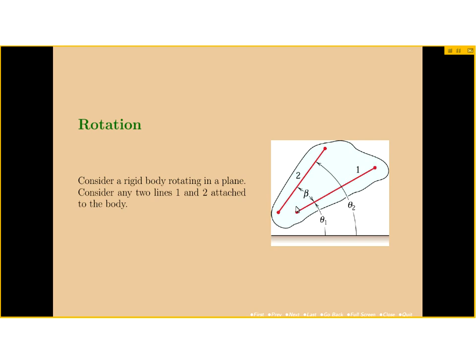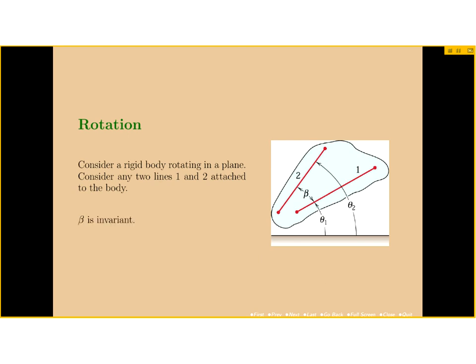The line 1, indicated in red here, and the line 2, also indicated in red. And let the angle between these two lines be given by the angle beta. Now let's say initially the body is in an orientation such that the angle between line 1 and some other fixed reference is theta 1, and the angle between line 2 and the same fixed reference is the angle theta 2.